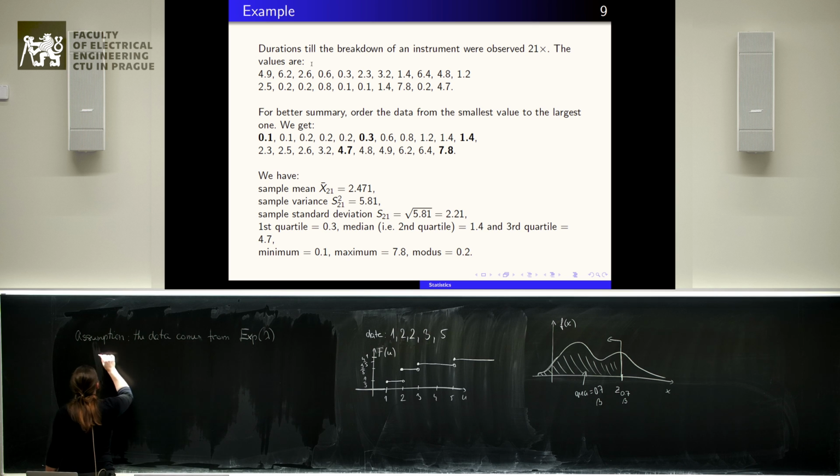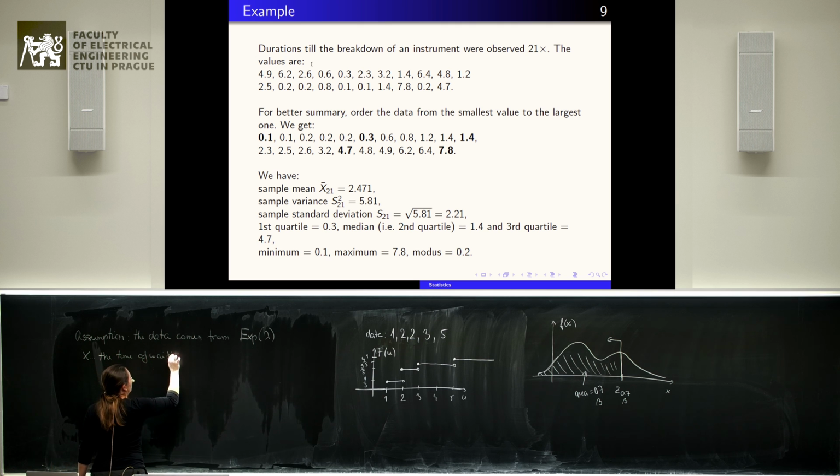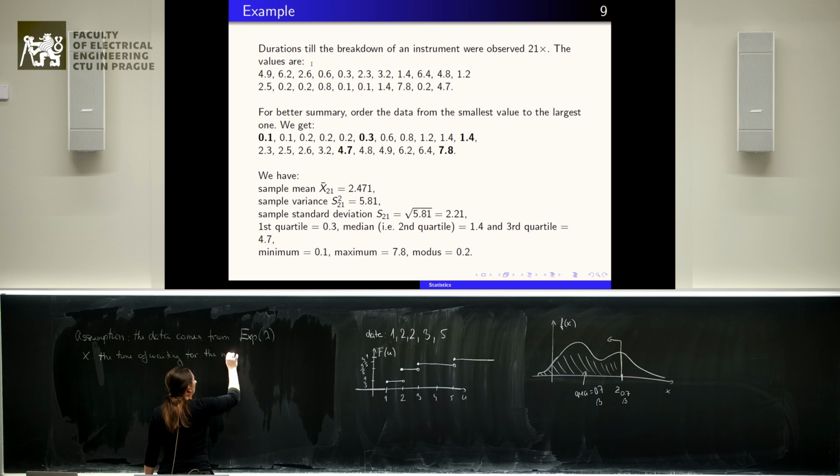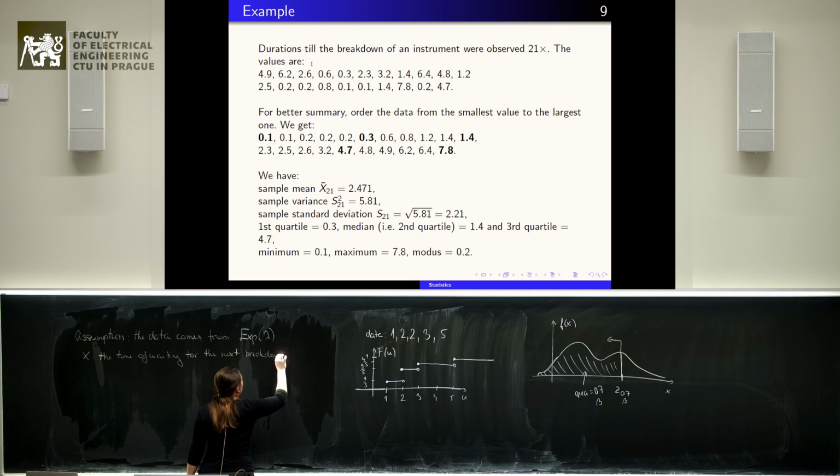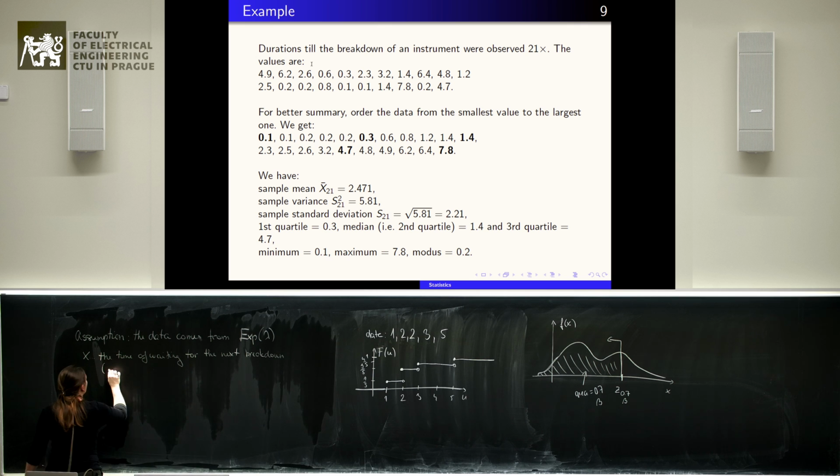It means that when we denote by x the time of waiting for the next breakdown, which is what I call the duration, then x comes from the exponential distribution with the parameter lambda.